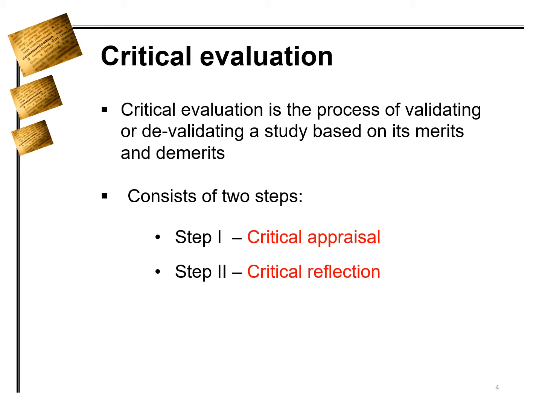Now, critical evaluation is the process of validating or invalidating a study based on its merits and demerits. Critical evaluation consists of two steps. Step 1 is critical appraisal. Step 2 is critical reflection.